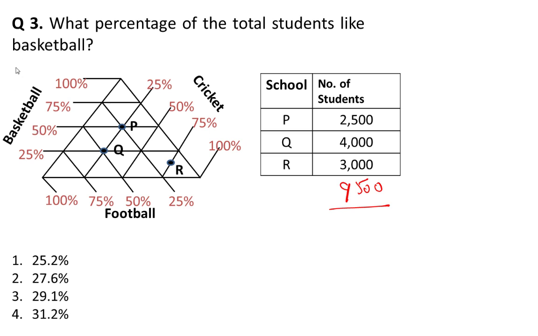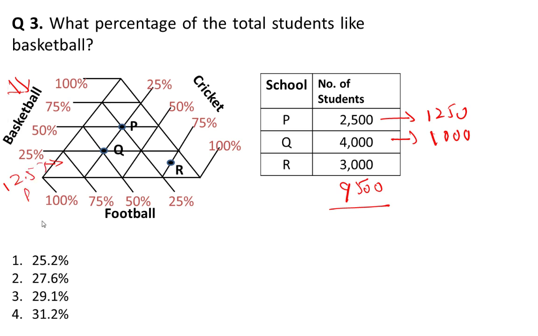So I need to find out how many like basketball. These figures are very direct and simple. 50% of P, that is 1,250. Q 25%, so 25% of 4,000. This is 1,000.